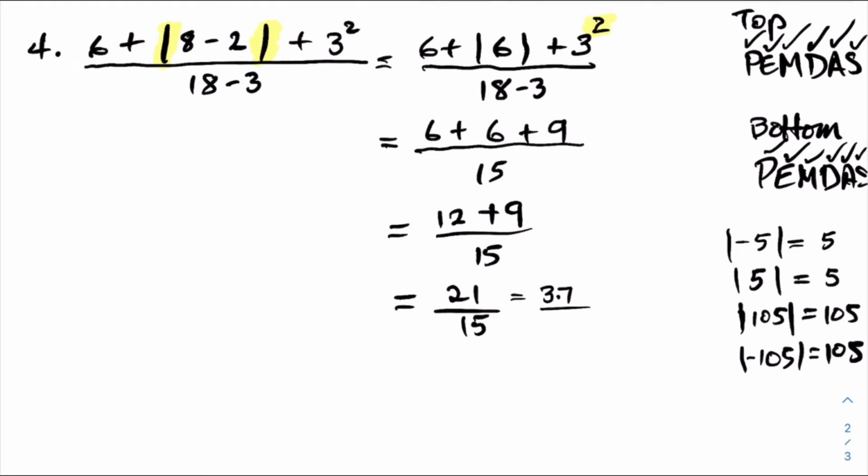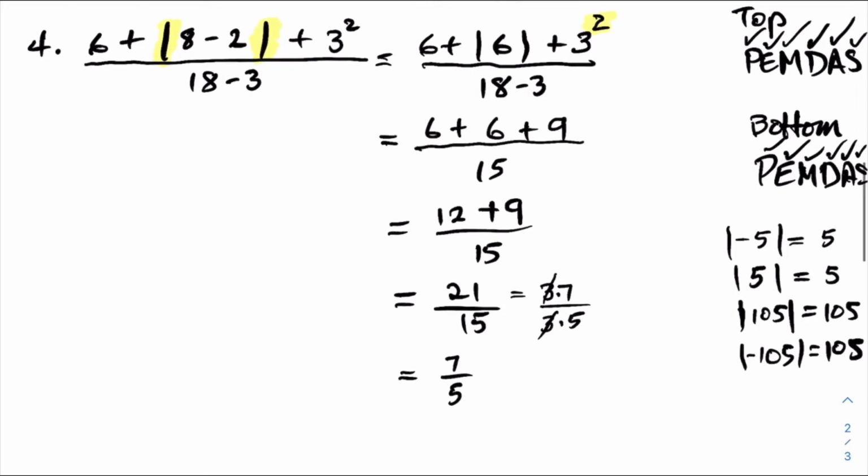The factor for 15 is 3 times 5, where you have a common factor of 3. Simplifying that, you will have 7 over 5. And that is your answer.